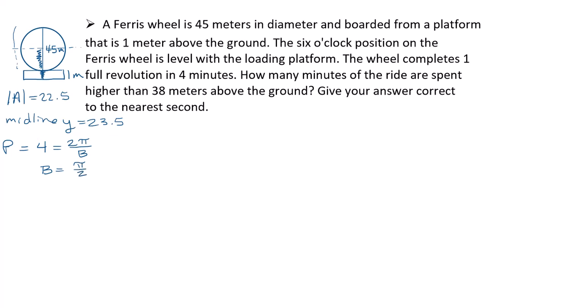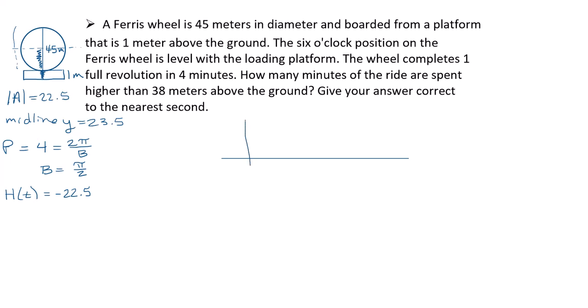So now I'm ready to put the function together. Let's go ahead and call this h of t, the height at time t. Height at time t is going to be my a. I know my amplitude is 22.5, but I'm going to have a reflection here, negative 22.5, so that I can start at the lowest.